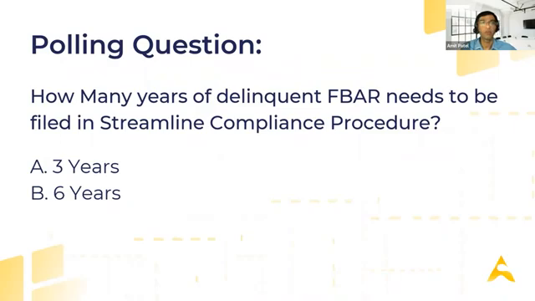Here we are with our first polling question. Okay, so we have a poll with us right now. Let me just read the question for all of you. How many years of delinquent FBAR need to be filed in streamlined compliance procedure? The first option is 3 years, and the second option is 6 years.